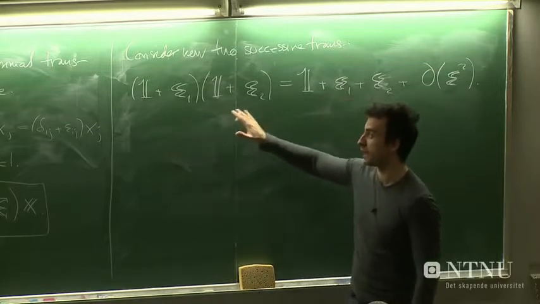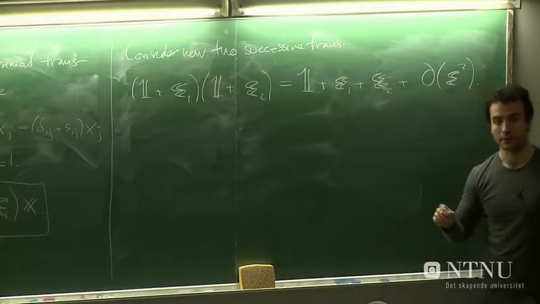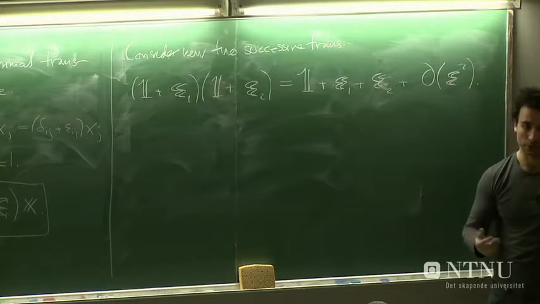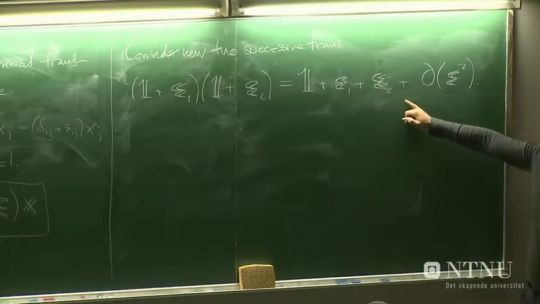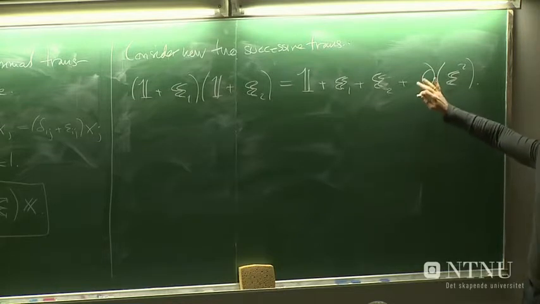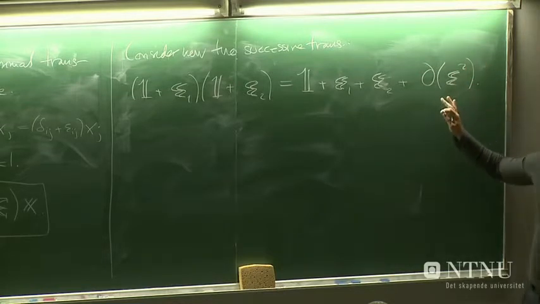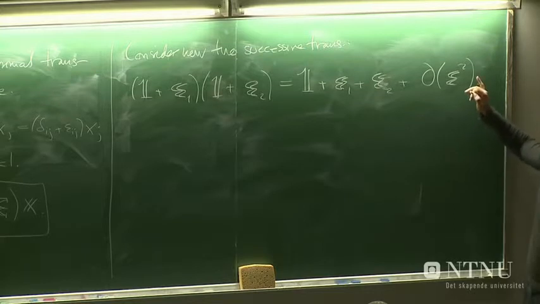When we multiply them out, we have to consider their order, because we know that in general matrices do not commute. So the result is this, and then we get something which the rest of it is of order epsilon squared, sorry.